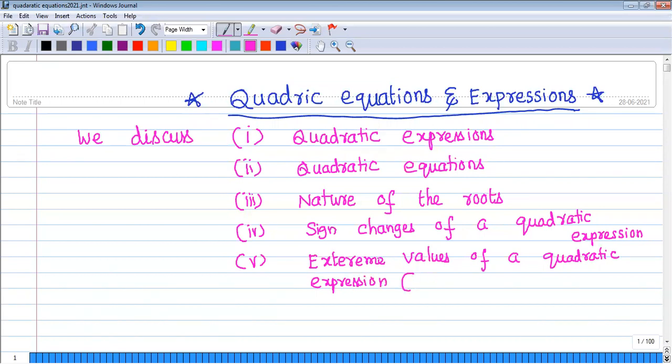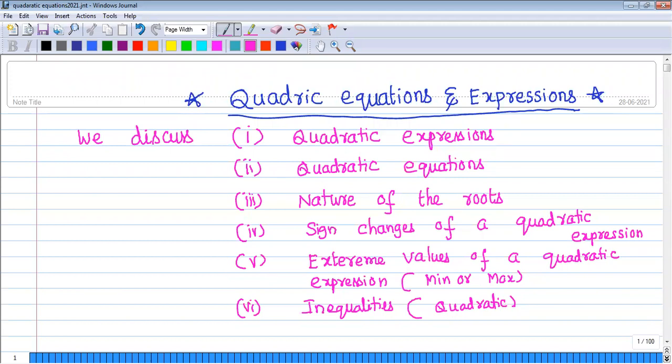So these are the discussion points in this chapter. In this one, that is called minimum or maximum, will be discussed. Next, the sixth one is inequalities related to the quadratic. So these are going to be covered in this chapter.